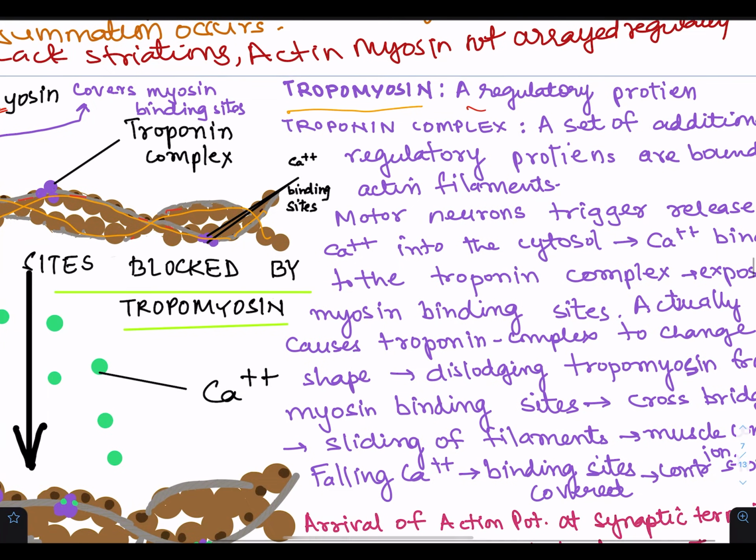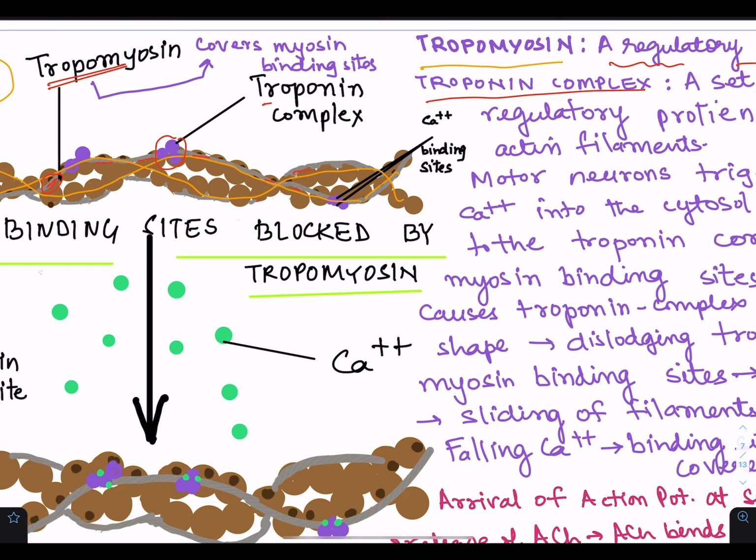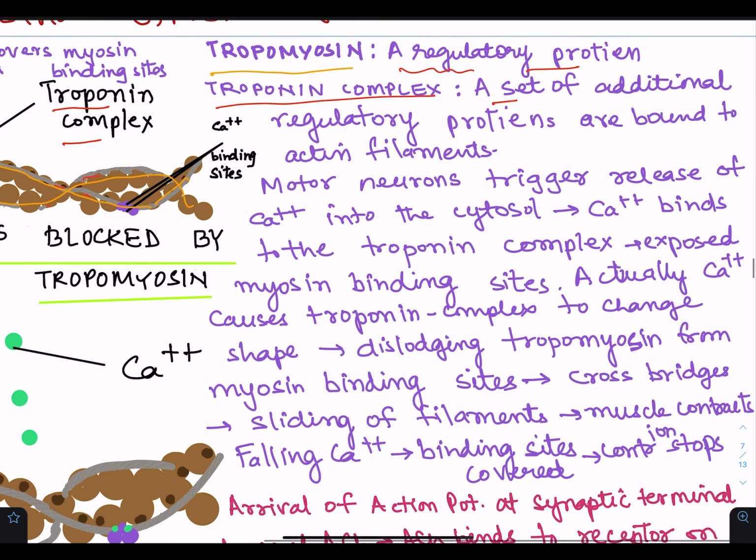It is a regulatory protein. Now there is a troponin complex. You can see this purple colored structure. This is the troponin complex. It is a set of additional regulatory proteins bound to actin filaments.